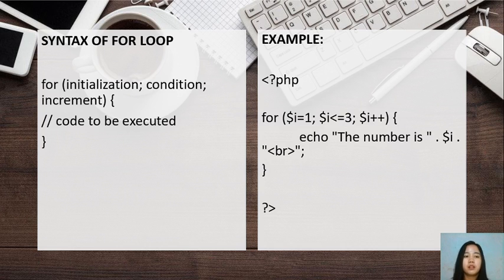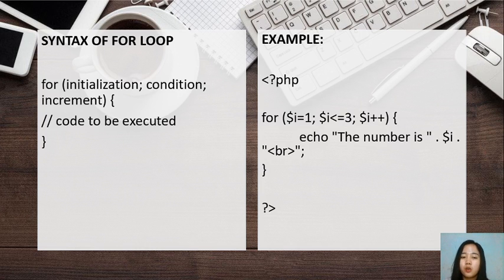But the reading order is: first the initial condition, then the code, then afterwards the increment. So, the example is i equals to 1. It enters the condition. 1 is less than or equal to 3. So, true.